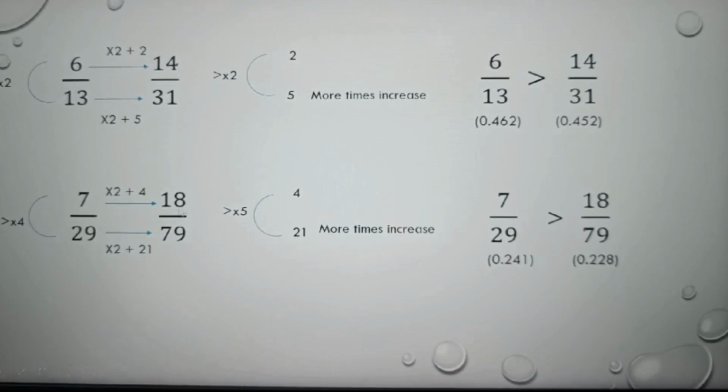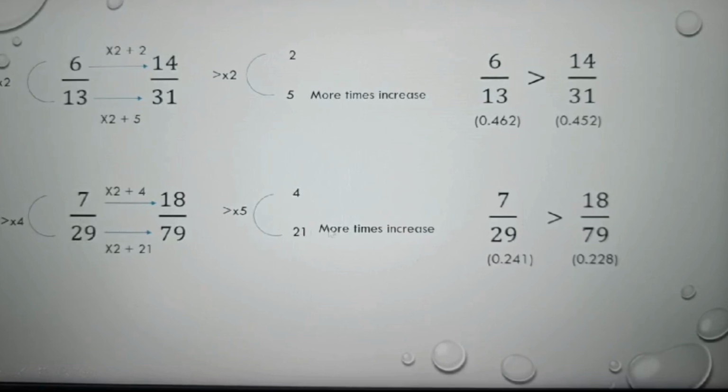That's why the additional values compared now, 4 and 21. Here 21 is more than 5 times of 4. That's why the denominator increased more times. So the resulted fraction has a smaller value, and the first fraction has a bigger value.